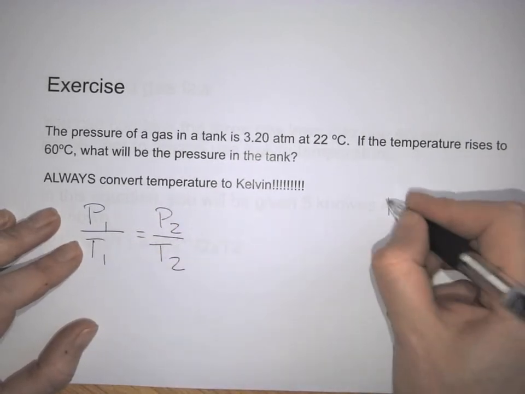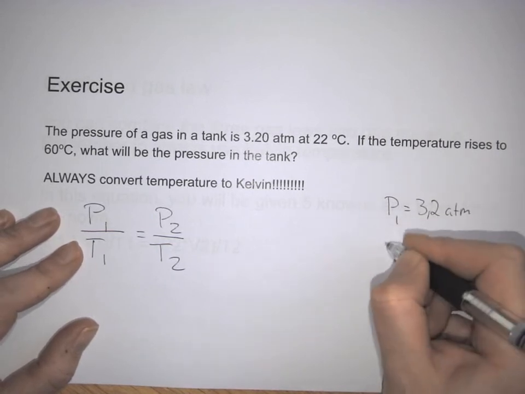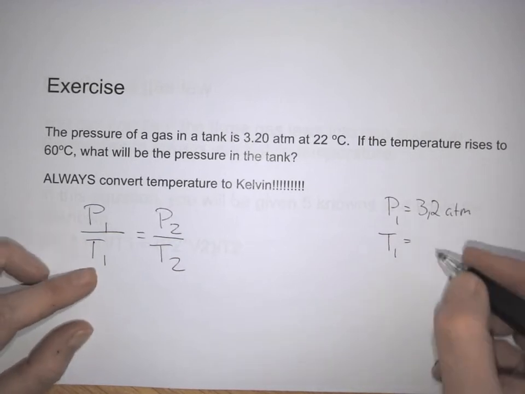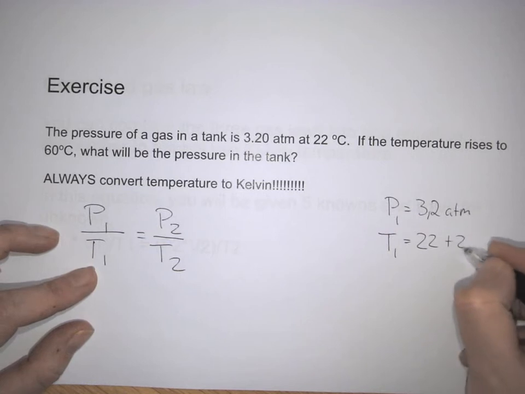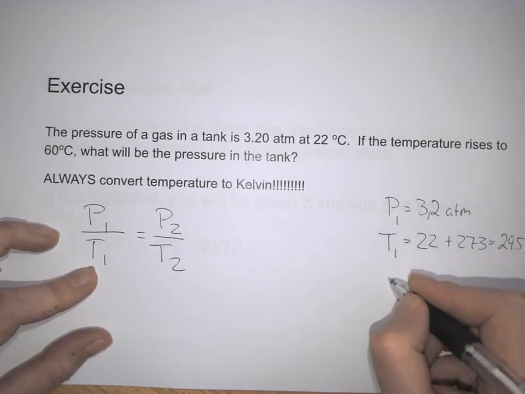Yes, so P1 was 3.2 atm. The temperature is 22 Celsius degrees. You need to convert that to Kelvin, so we add 273, and that will give us 295 Kelvin degrees.